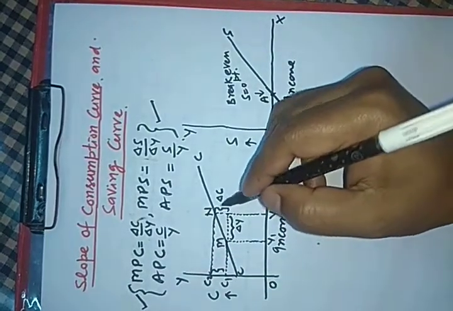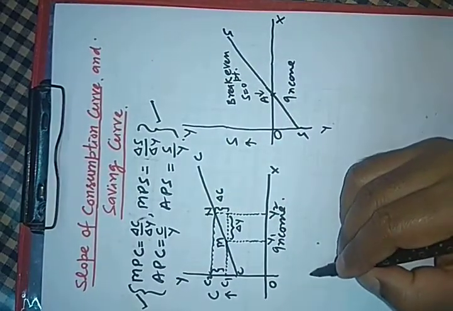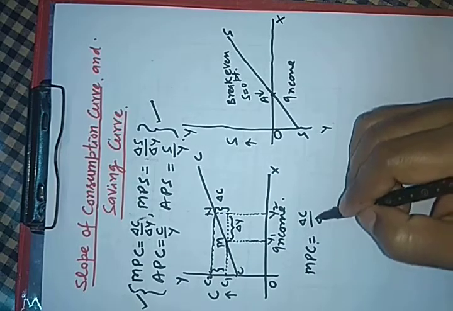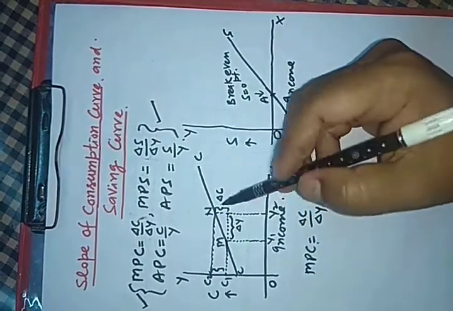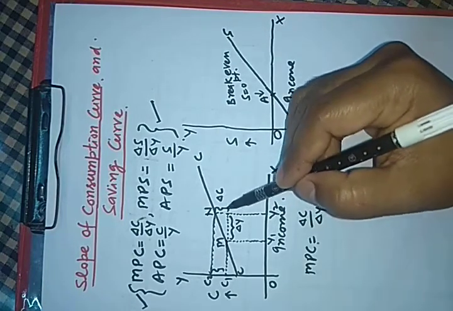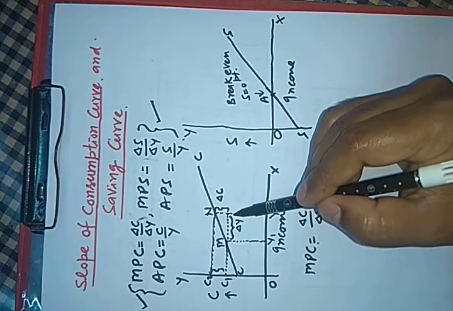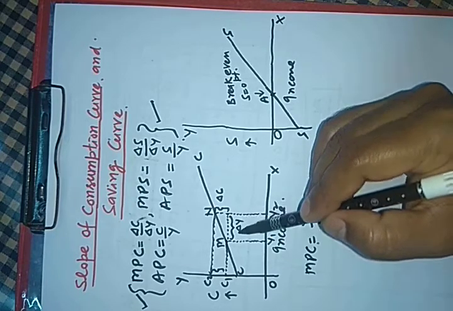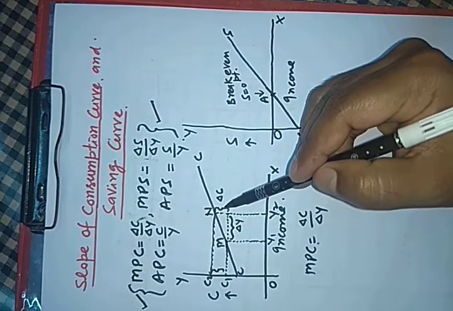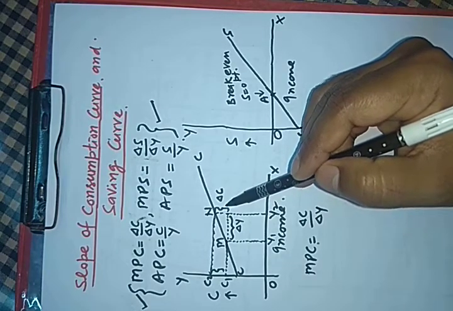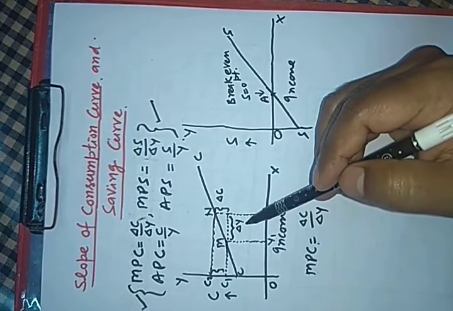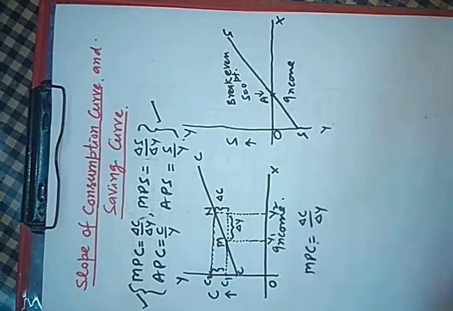Here MPC is delta C upon delta Y, and this portion shows delta C and this portion shows delta Y. Delta Y means change in income and delta C means change in consumption. Right, students? So the ratio between these two, change in consumption and change in income, is denoted as MPC.